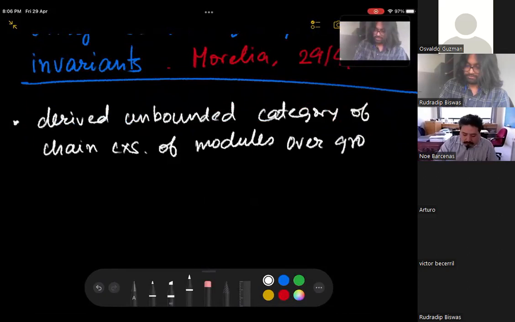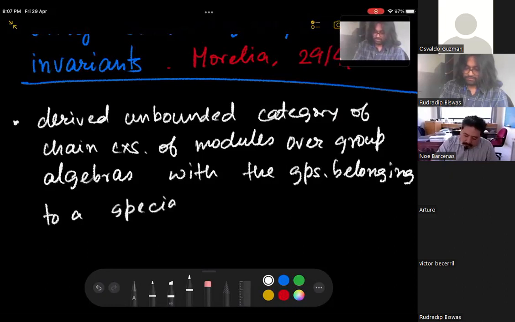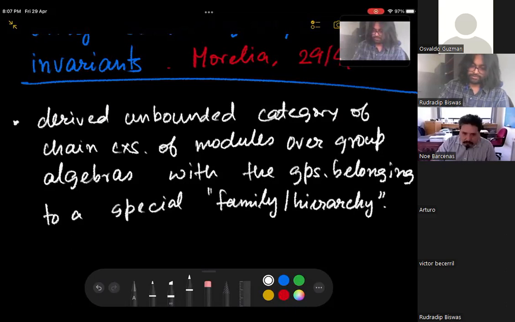I'll be dealing with group algebras with the groups belonging to a special family, let's say, or hierarchy. I'll define everything in detail shortly, of course.